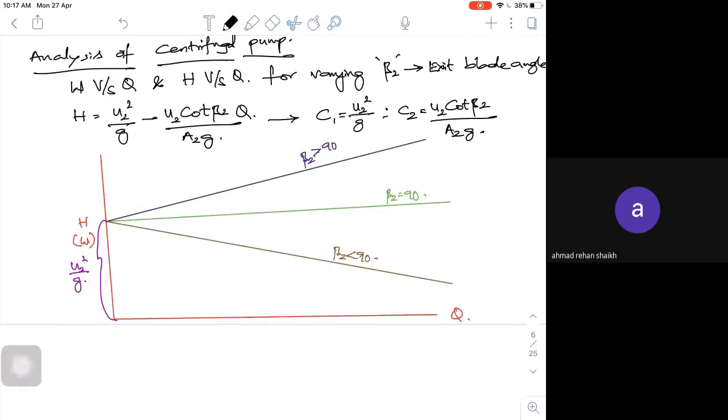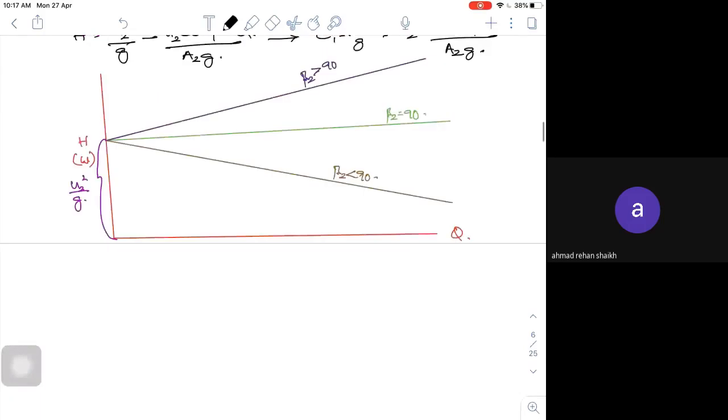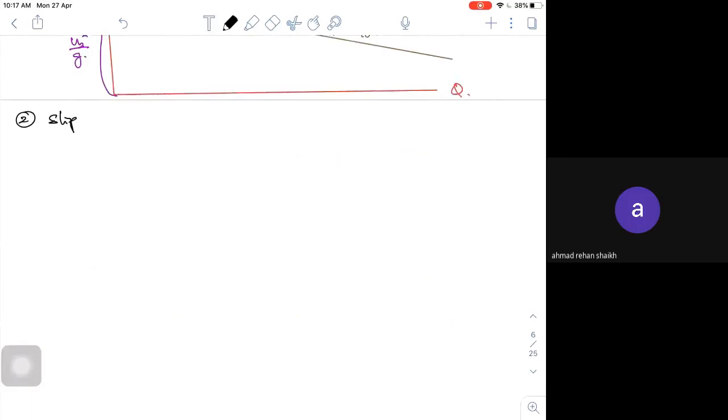Here we need to look into the corresponding head developed. Already slip and slip factor we have discussed. Slip is the reduction in the corresponding velocity. Just as one thing is head versus Q, the other one is slip and slip factor. What is the slip actually?